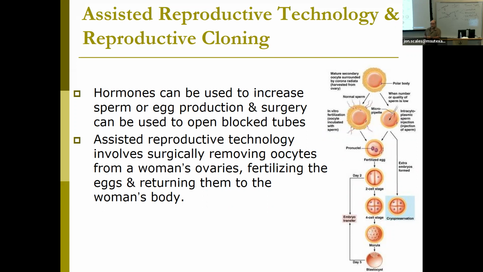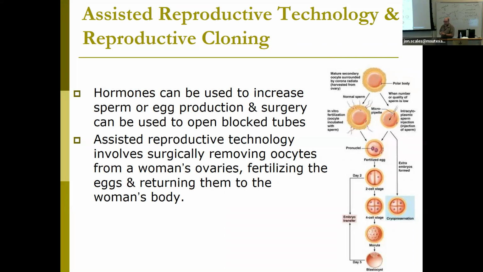Okay, so normally what they would do is cause ovulation like that, collect the eggs, fertilize them in vitro, and only implant a couple of them. But this got fertilized in vivo, and all 8, or at least 8, there could have been more than 8, but 8 implanted. That's not typical. So these are known as assisted reproductive technology, okay?